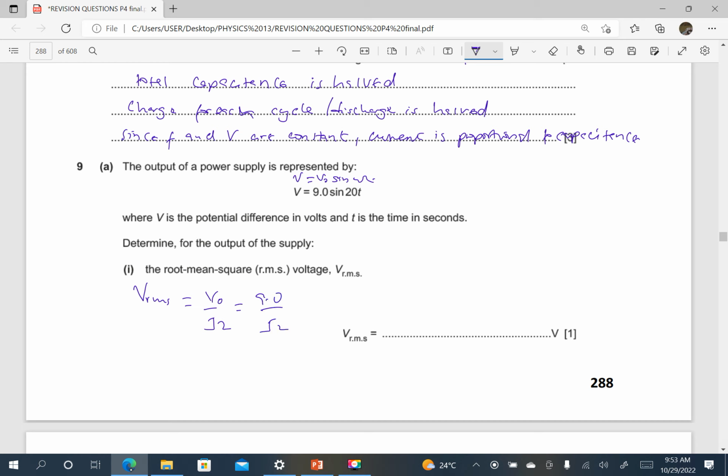Press the calculator. So when I press my calculator, I'm getting 6.4 volts.